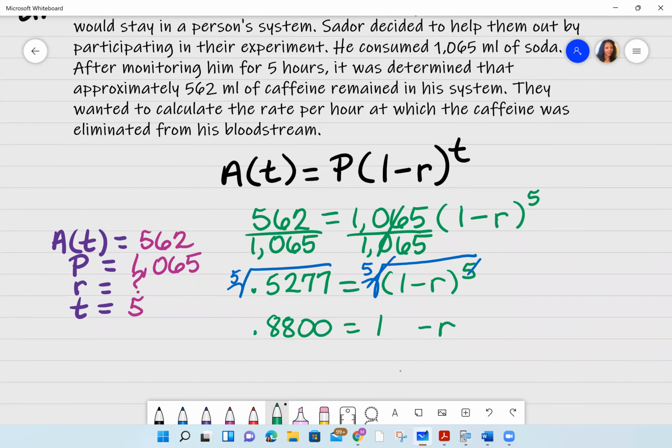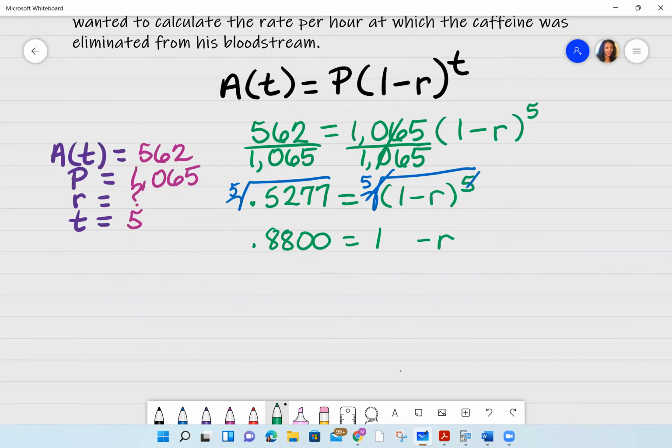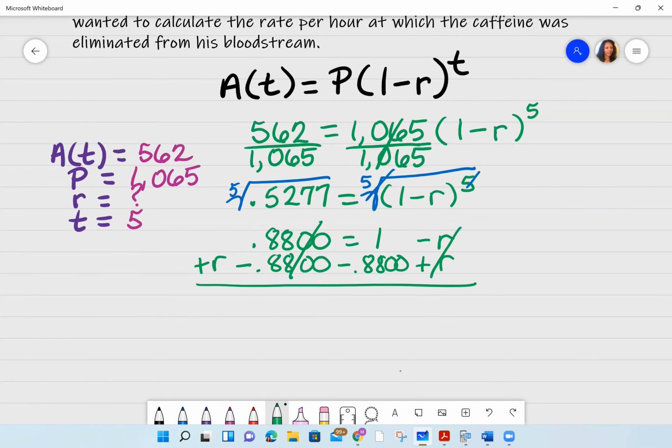And again, I'm trying to get r by itself. It's currently a negative r, so I want to put it on the other side as a positive r. And now I want to take the 0.88 and take the inverse, which is subtracting it. So I'm going to subtract that on both sides. That goes away, and on that side, that goes away.